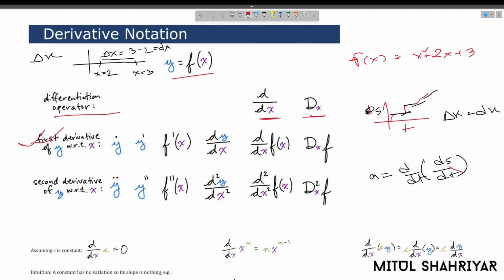Okay, so if we just look into this, it is applied here 2 times, right? d by dt on s. Interesting, right? On s we have used it 2 times, so it is the second derivative. To get a, we have differentiated s 2 times.